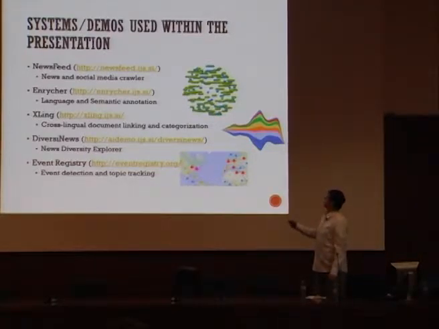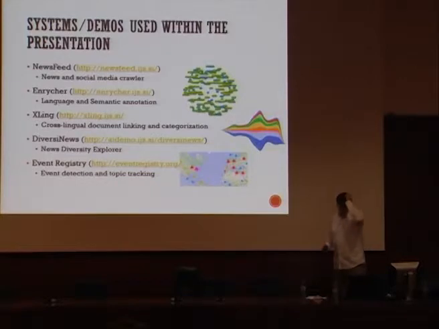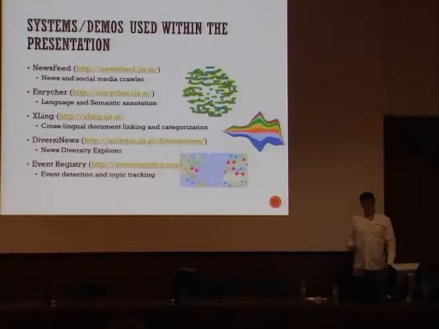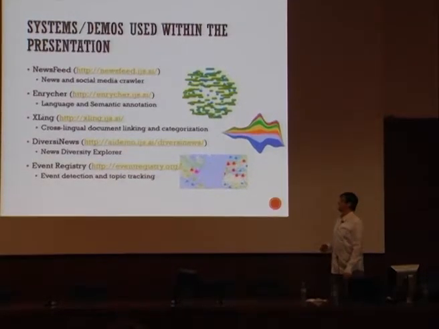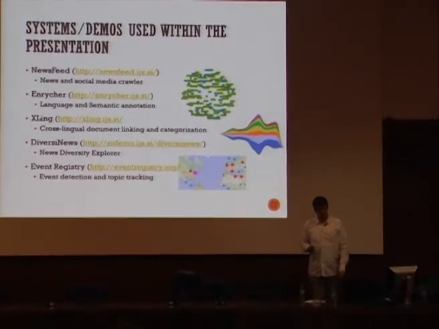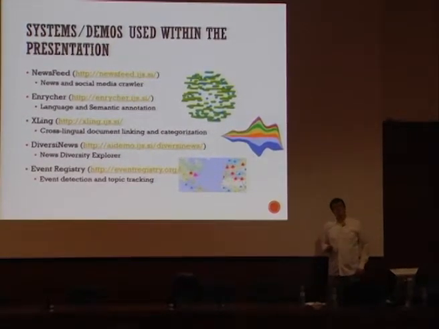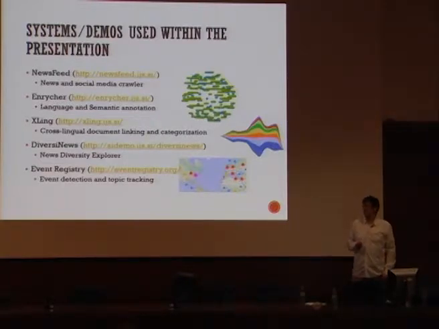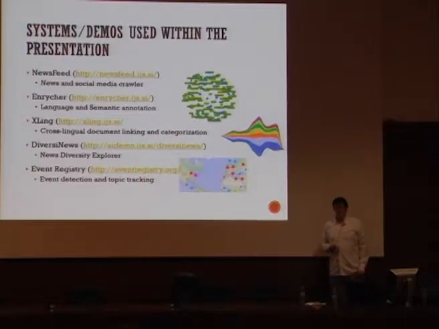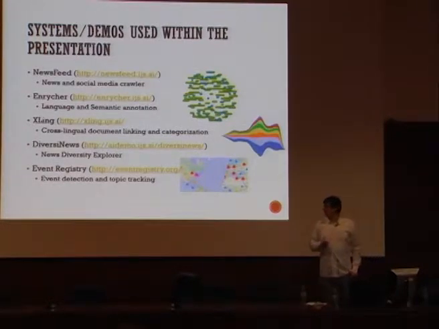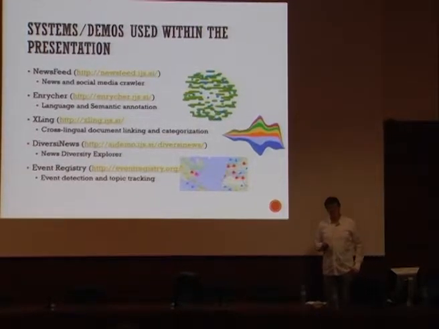So this is Newsfeed. Newsfeed can be thought of as some kind of news crawler, and we are crawling the news in many languages. I think currently it's more than 40 languages, from publicly available news sources. And of course, this news is a little bit language biased.